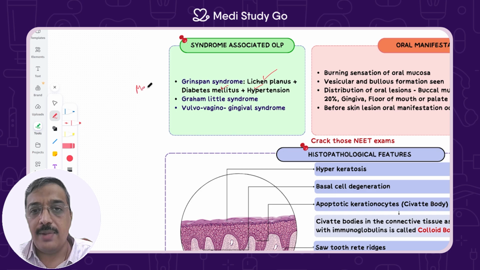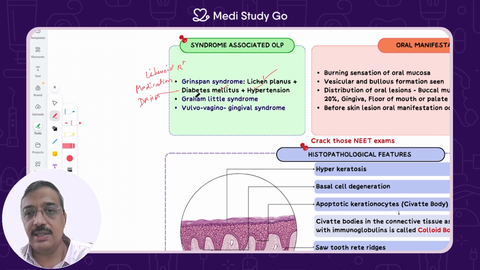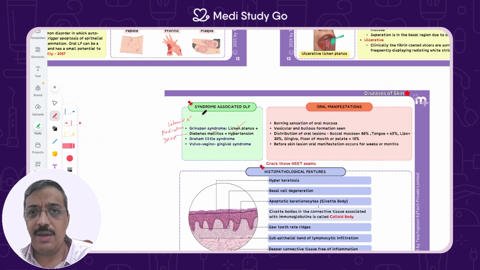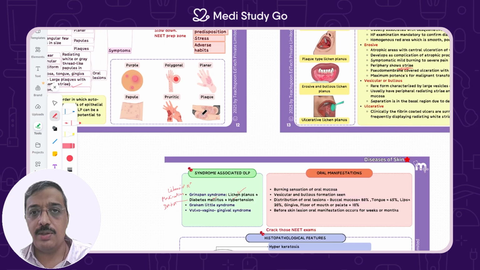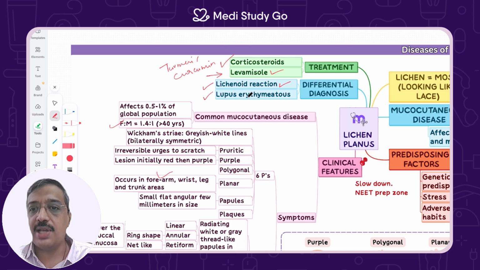But because of the medications for diabetes and hypertension, there is a lichenoid reaction instead of a lichen planus. And the Graham-Little syndrome, vulvovaginal gingival syndrome, all these are superimposed associations, or maybe a reaction to the medications that are being taken.